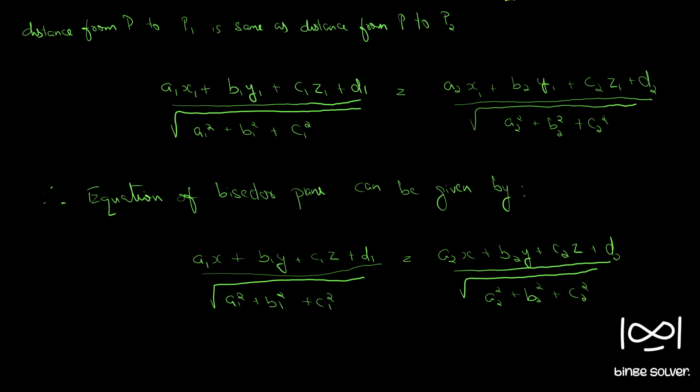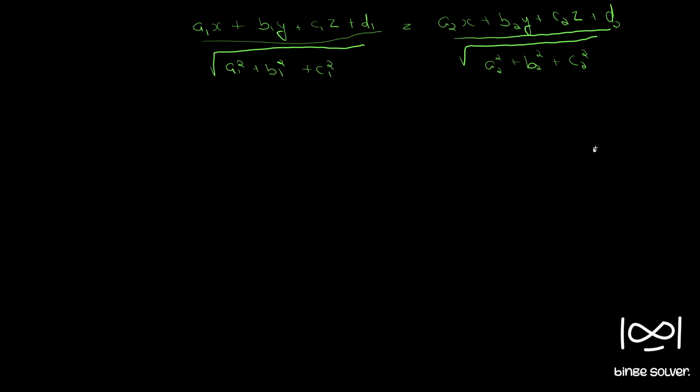If we have the origin here and a plane here, another plane here, the distance from the origin to this plane and the origin to this plane is considered positive. This is the positive direction.